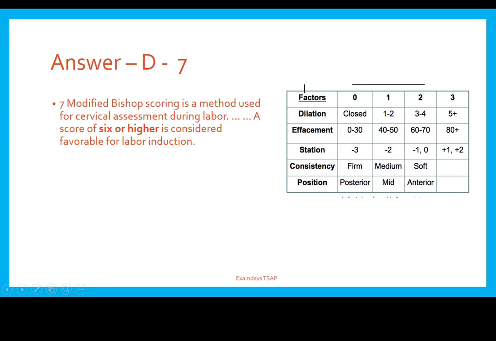Modified Bishop scoring is a method used for the cervical assessment during labor. A score of 6 or higher is considered favorable for labor induction. This is the table given for the reference purpose of the candidate, where we have to check what the Bishop scoring method is used for the cervical assessment during labor.